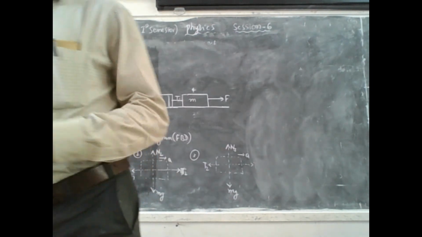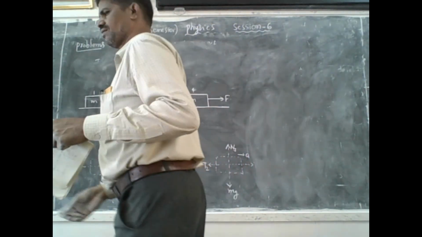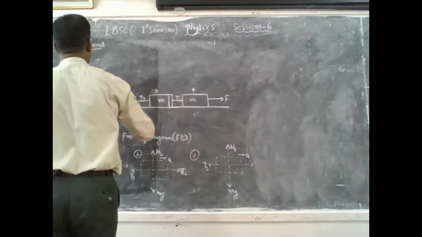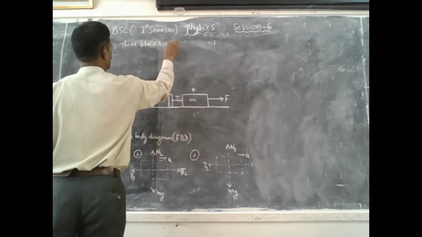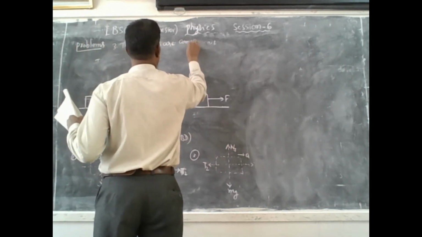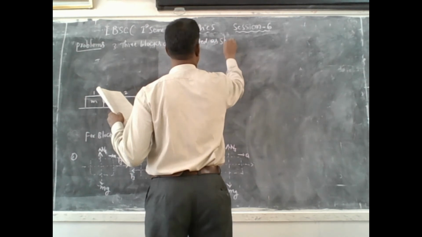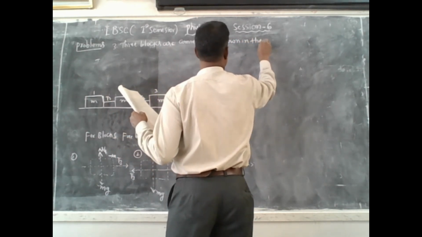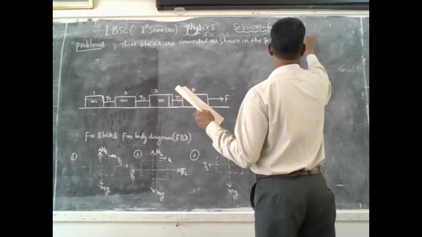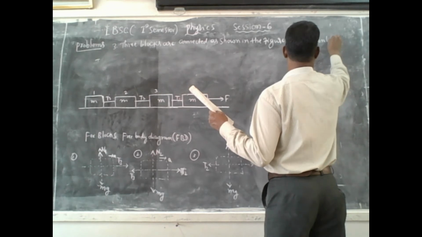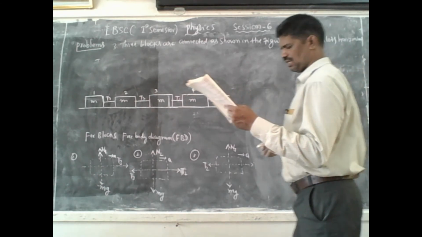So now one more problem is, three blocks are connected as shown in the figure on a frictionless horizontal table.